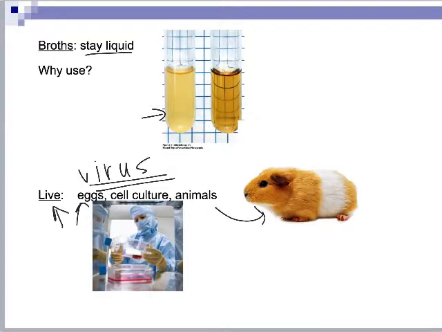Animal cell culture is really interesting. They take cells or an organ from an animal. Say this little hamster, they take the ovaries out of the hamster, dissect out the ovaries, and put them into a broth that has the right nutrients, and those cells can grow.